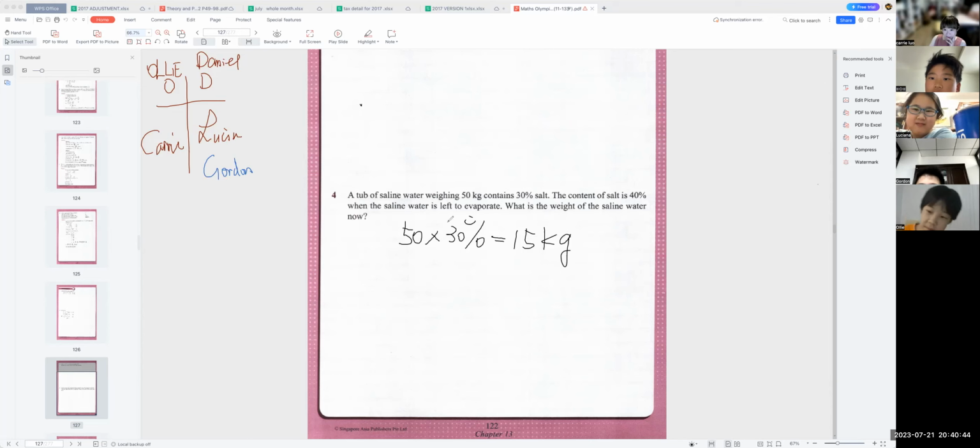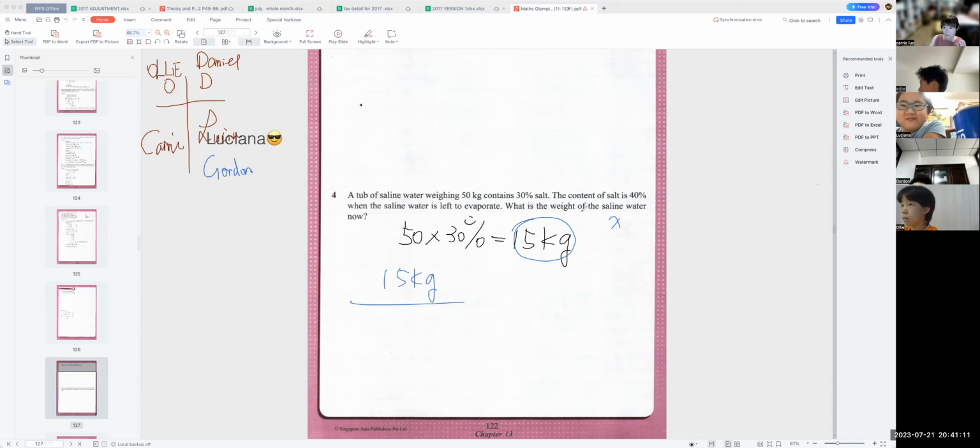So everybody, let's see. I don't know how much of the saline water has evaporated, but I just say X, okay? So when the water has gone, the salt never changes. When we evaporate some water, the only thing that stays the same is salt.